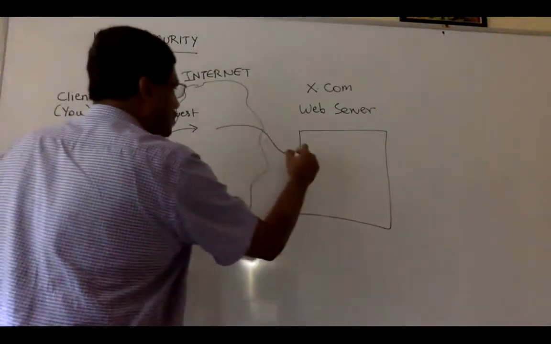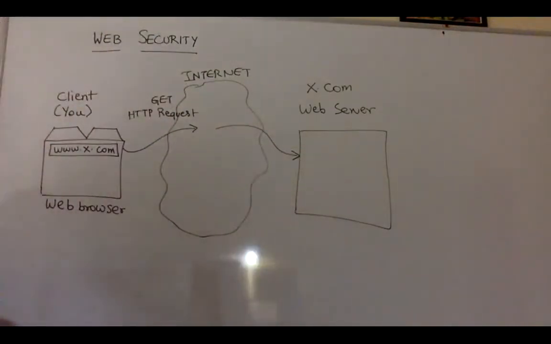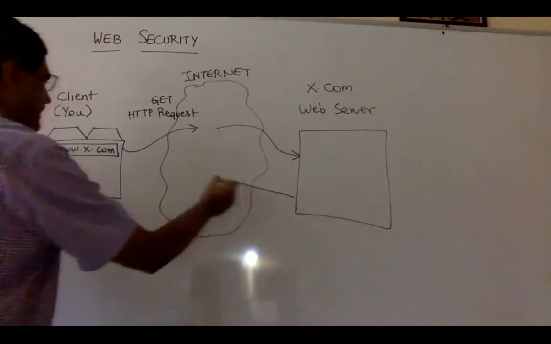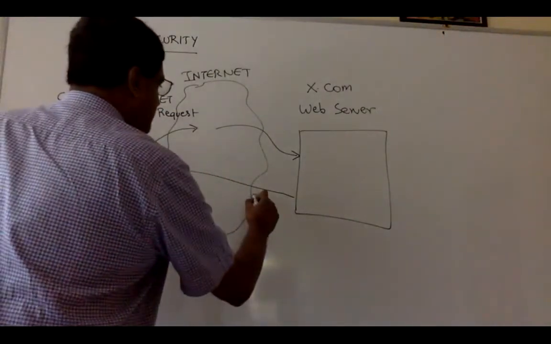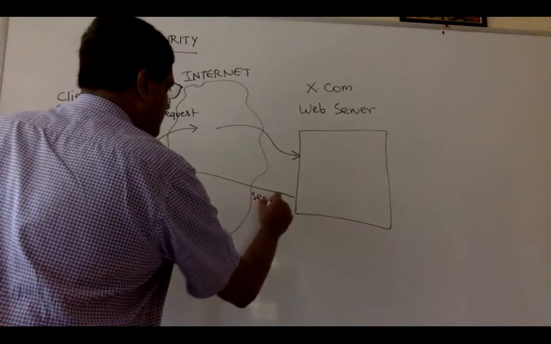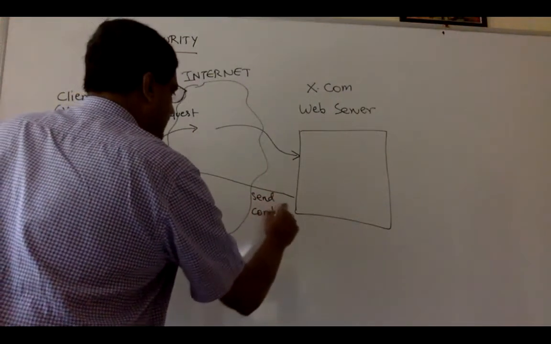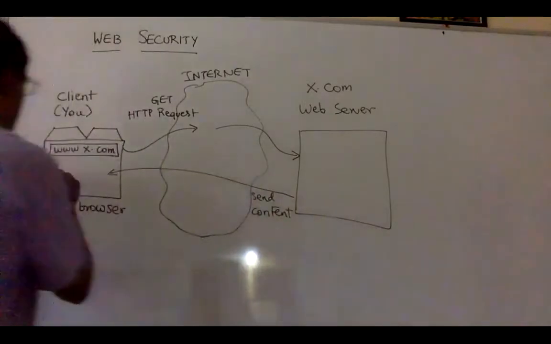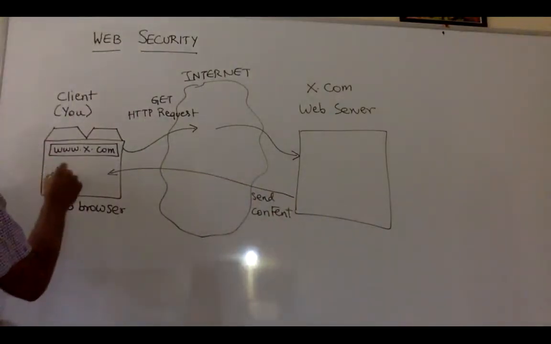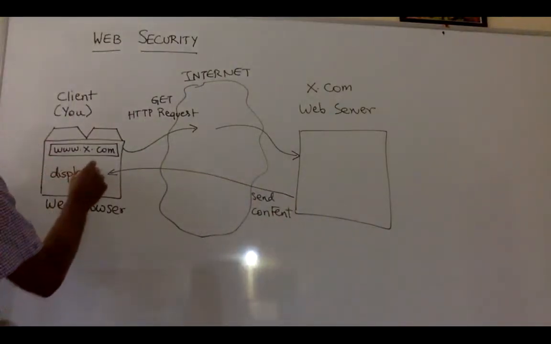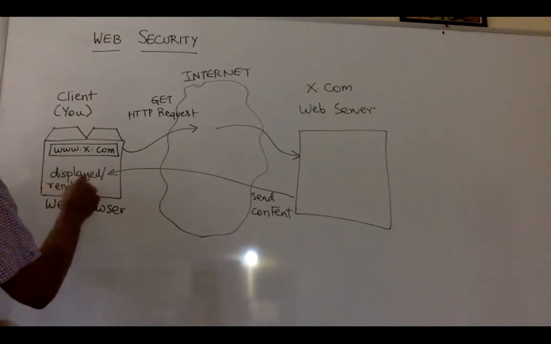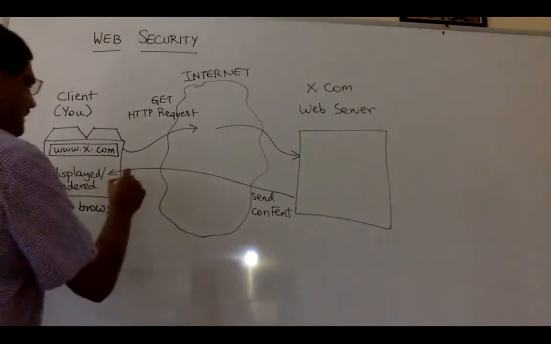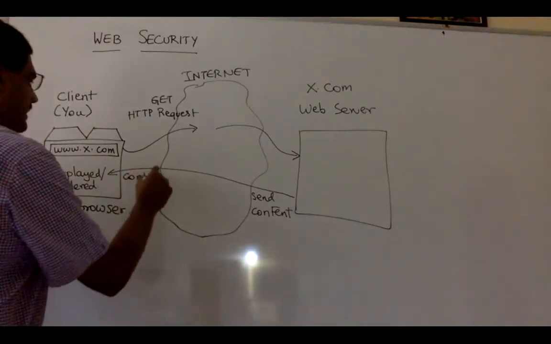And the request goes over to the web server, which then sends back content that is displayed in your web page, right? So here it is actually going to send back content that is displayed within the web browser. Displayed, or we will use the term rendered within the web browser. Okay, the same content is displayed or rendered.